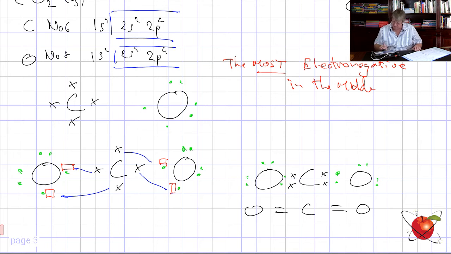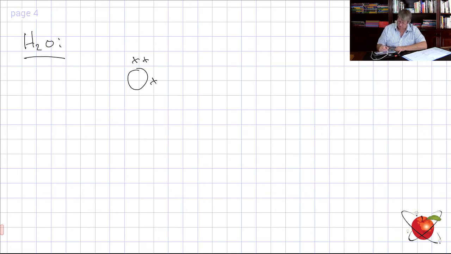Right. Let's move along to H2O. Once again, we take our oxygen, we've done it before, and we know there's 2. So what are we going to have? We're going to have a hydrogen and a hydrogen coming in over there, aren't we?